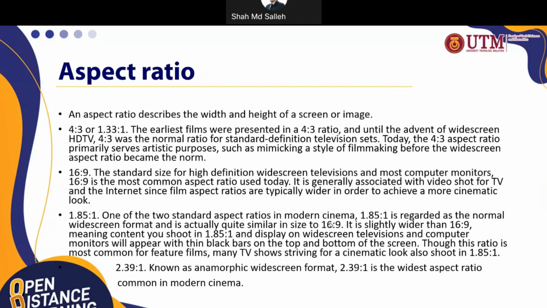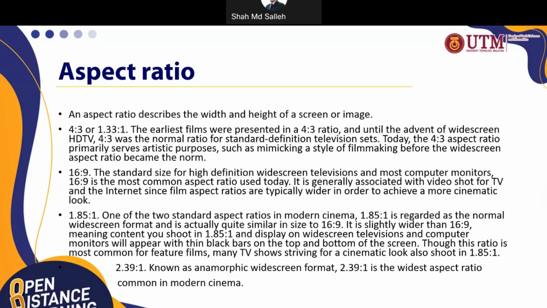This is some aspect of ratio, which is more related to movie production. Normally nowadays we use a ratio of 16:9, for most widescreen television. This is aspect ratio, normally related to the movie-making process.